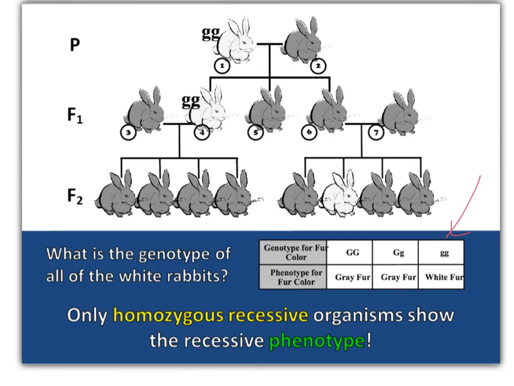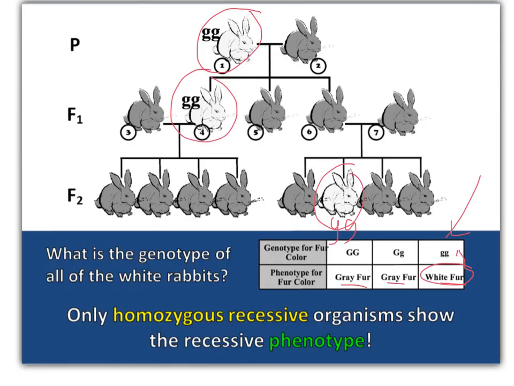The first thing you need to look at is their phenotypes. Okay, you have gray and white fur. And then you're going to look and see that the white fur is little g, which means you can label everything in your chart with the white fur little g, which means this little guy down here is a little g. Okay?